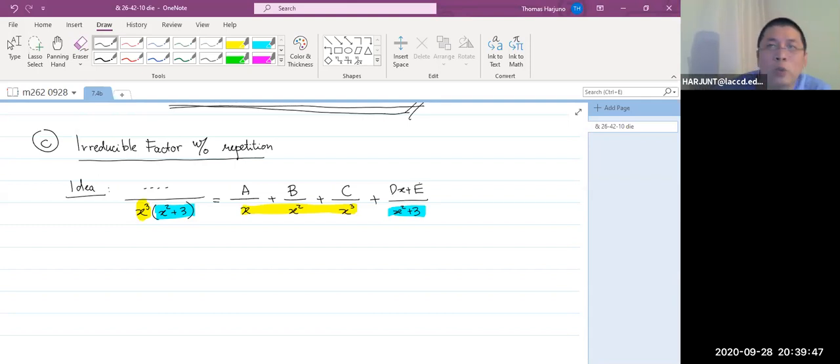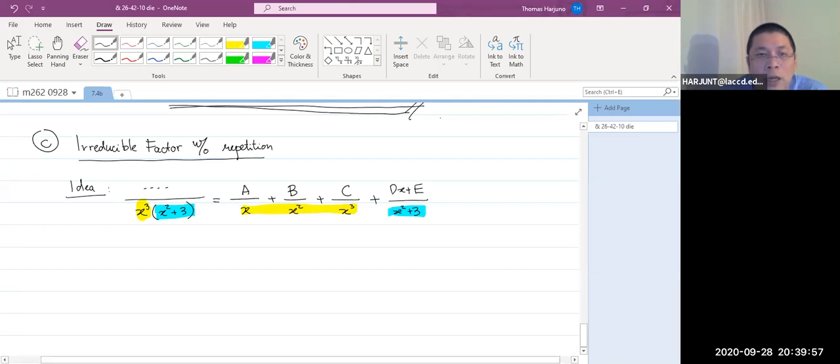So what we learned before still applies. For this, a, b, c would also be 1 degree less than x, because this x squared and x cubed are actually repetition from x. So it's 1 degree less than the degree of x.